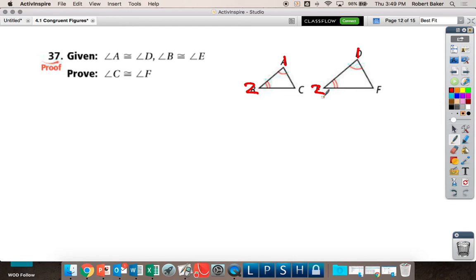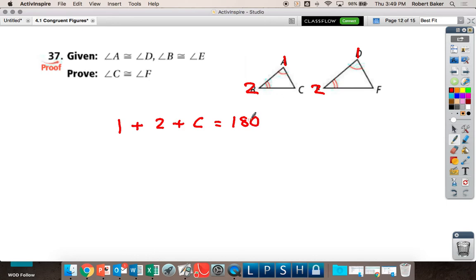What is that called already? The third angle theorem. That's what I'm trying to prove. I'm trying to prove that C and F are congruent. So, if I want to find the measures of the angles in this triangle right here, angle 1 plus angle 2 plus angle C equals how many degrees total? 180.